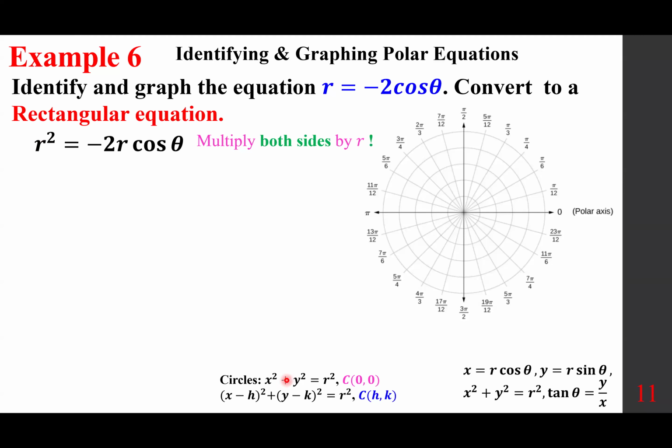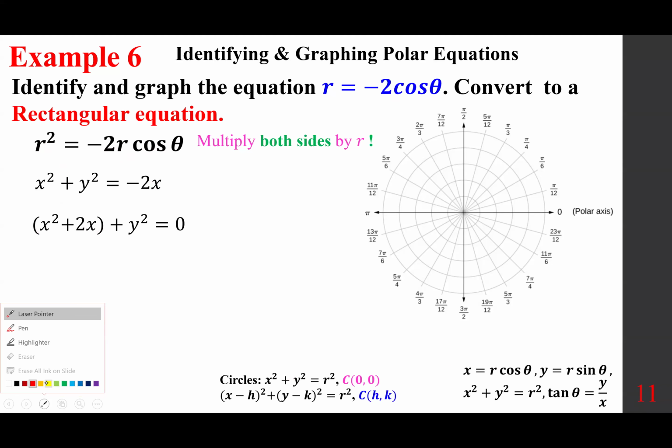Again, replace the r squared with x squared plus y squared minus 2. R cosine theta, replace it with x minus 2x. Move this to the left next to x squared. And now we're going to complete the square here, which means this is b.